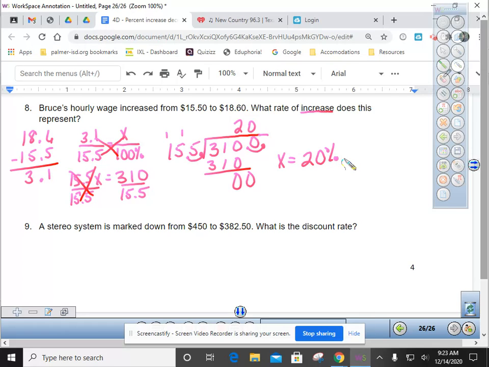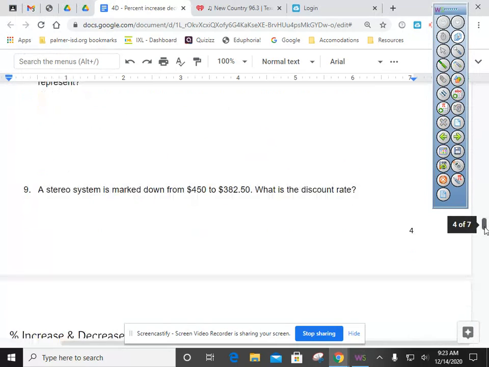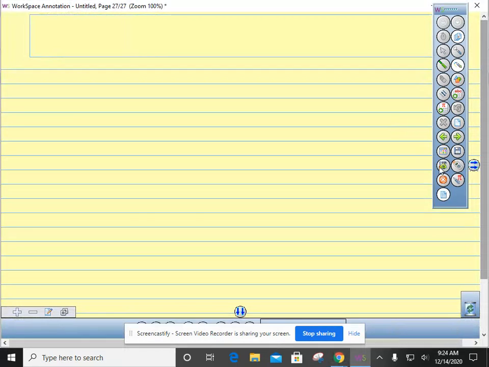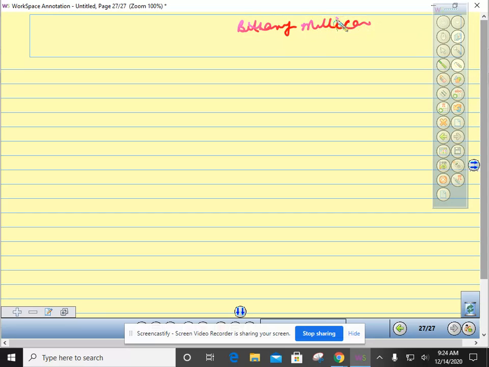We feel okay about this? Yes. Okay, I want you guys to get a new piece of notebook paper. I'm going to skip number 9, and we're going to scroll up to the on your own part. On your new piece of notebook paper, write your name, write percent increase and decrease.